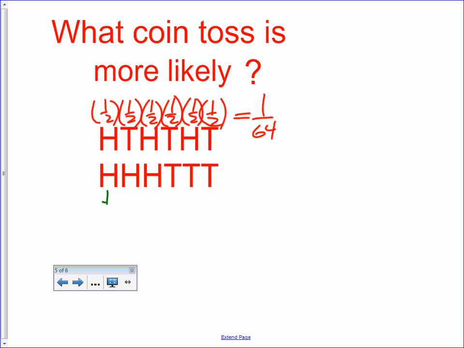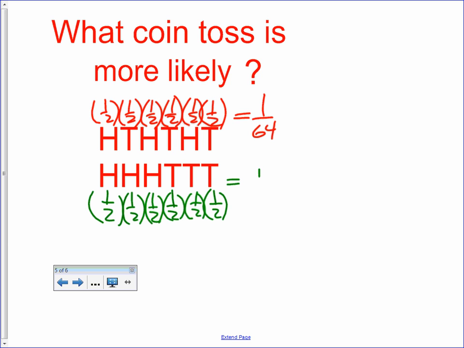The probability of getting each one of these sequences in this exact order is 1 out of 2 each time, and is also 1 out of 64. If we flip a penny 6 times, there are 64 different outcomes, each one equally probable. So going heads, tails, heads, tails, heads, tails is as likely as going heads, heads, heads, tails, tails, tails.